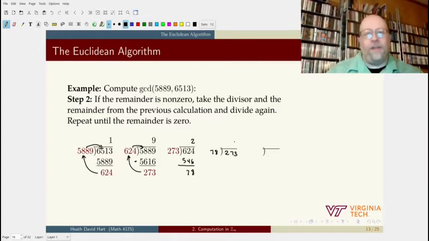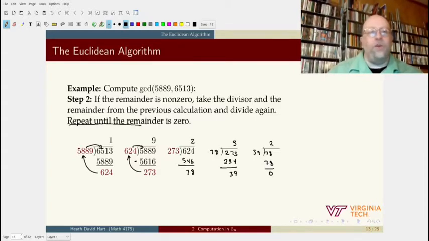We're going to try this again. This goes in 3 times now. 8 times 3 is 24. 7 times 3 is 21 and the 2. 273 minus 234 is 39. 39 goes into 78 twice with 0 left over.